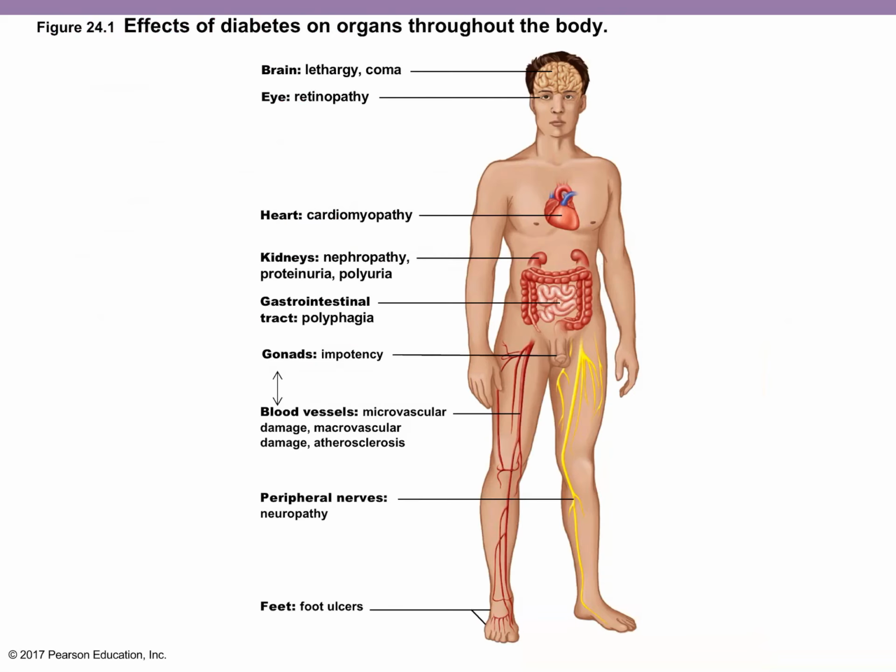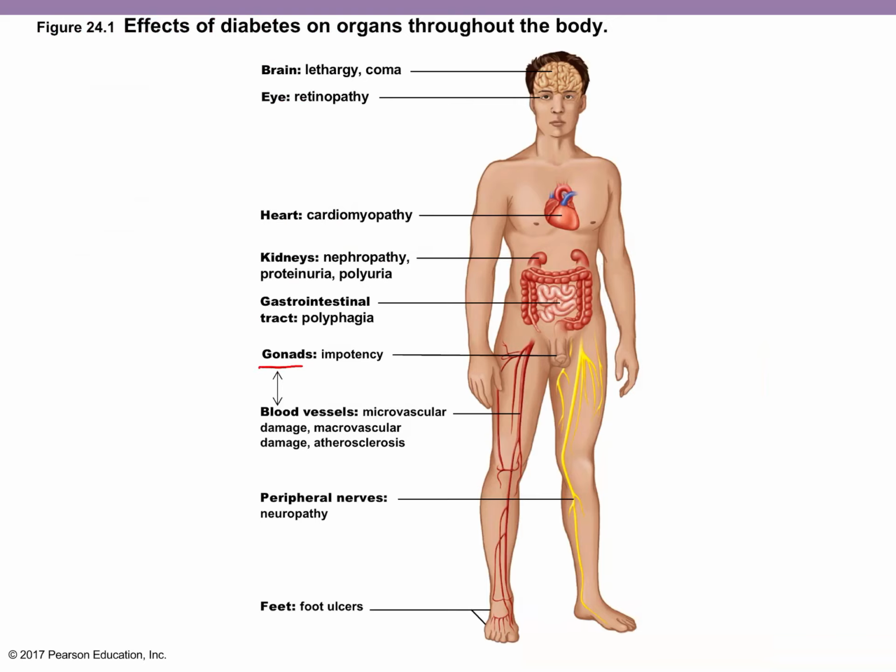So diabetes has many effects throughout the whole body. It can affect the brain, the eyes, the heart, the kidneys, the gastrointestinal tract, the gonads and blood vessels. So impotency, because the vasculature, and really that's what causes a lot of the symptoms throughout the whole body, is that it attacks the microcirculation of the body, the small arterioles, the capillaries, and the small venules.